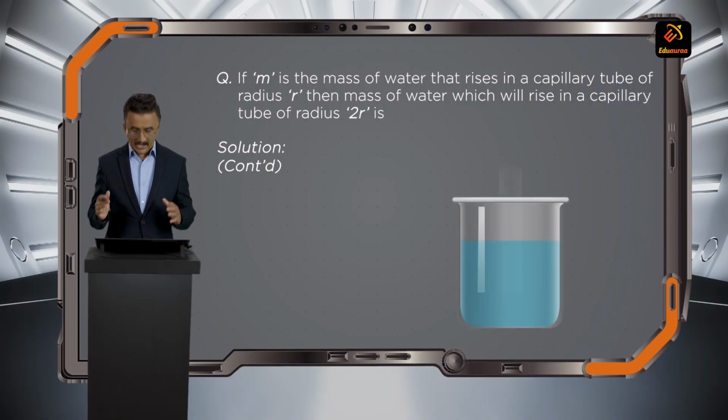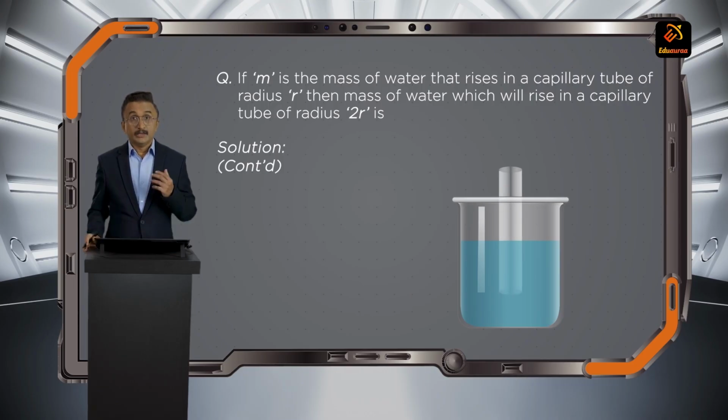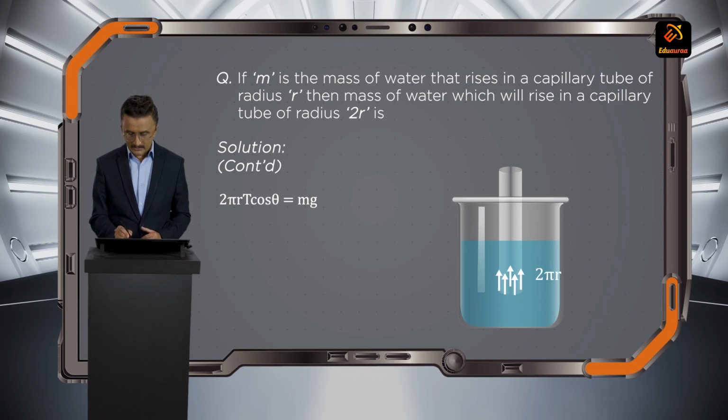So here we have the concept of how to find out the mass, but there is one simple concept. Suppose we have the capillary. Then the force acting along the circumference of the capillary is given by 2 pi r T cos theta is equal to mg.